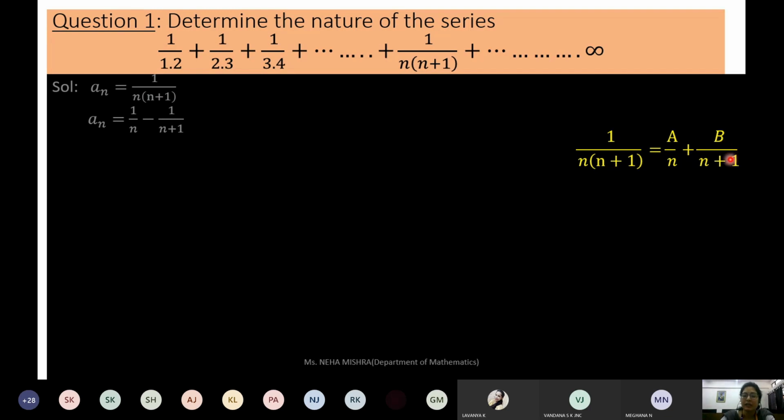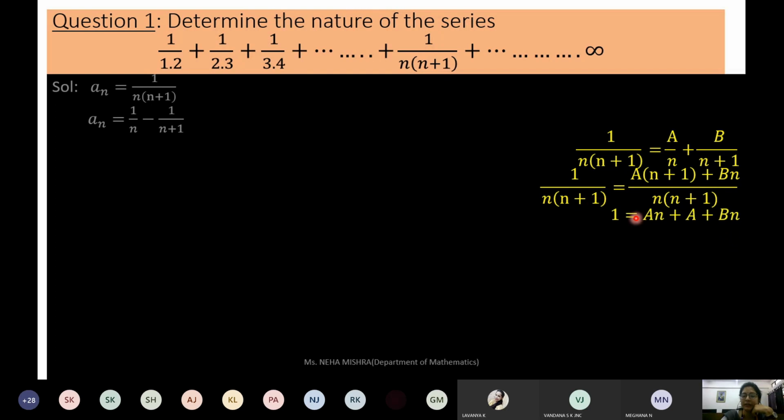Then we will take LCM here. The LCM will be n into n plus 1. This n plus 1 will be multiplied with A, and this n will be multiplied with B, and in the denominator we have the multiplication of n and n plus 1. Now every time, both denominators will be the same, so this denominator and this denominator will get cancelled out.